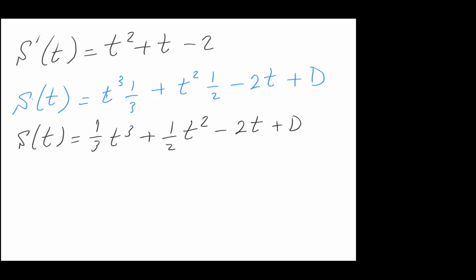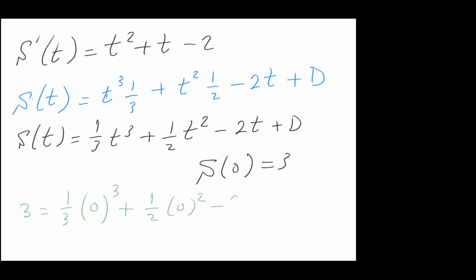And now I'm going to use my other initial condition, s of 0 equals 3. So I can claim that 3 equals 1/3 times 0 cubed plus 1/2 times 0 to the second minus 2 times 0 plus d. So I know that d equals 3.